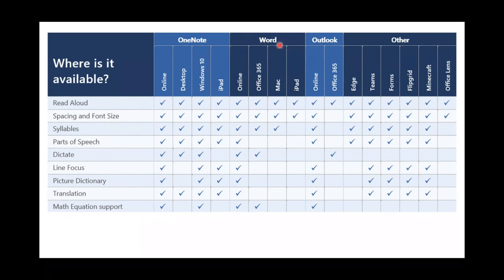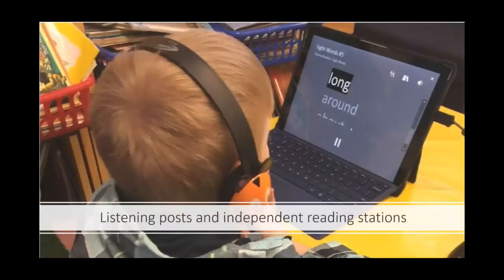You've also got it in Word, Outlook, and also in Microsoft Edge, the web browser. It's in Teams, Microsoft Forms, Flipgrid, Minecraft, Office Lens, and there are other third-party apps that are also including Immersive Reader. So it's a really flexible tool that you can pick up and use right across the Microsoft suite.